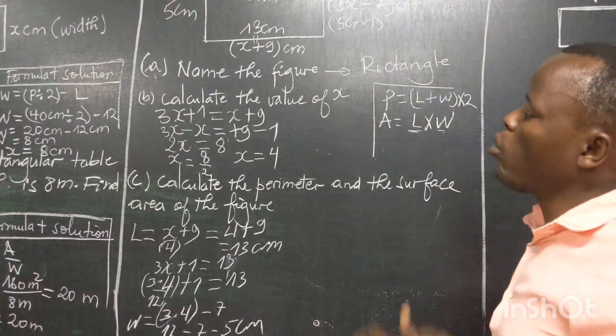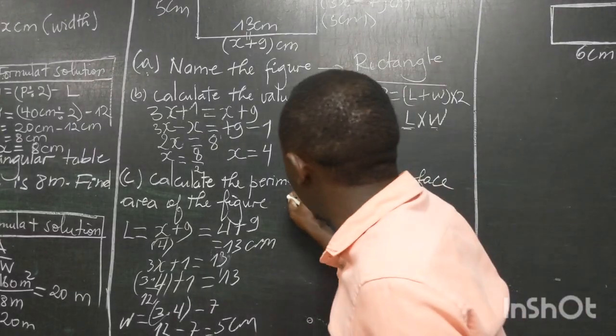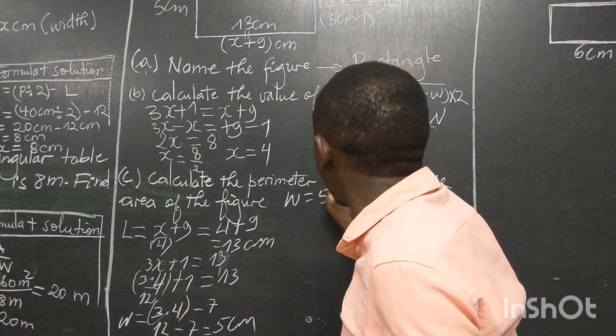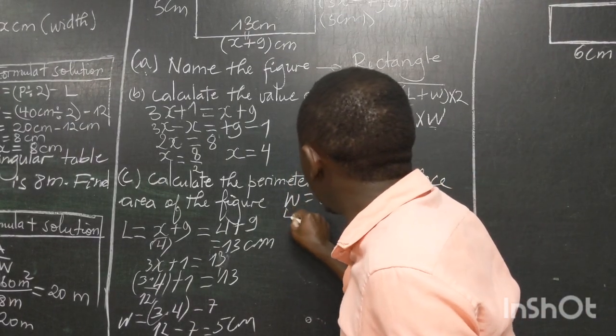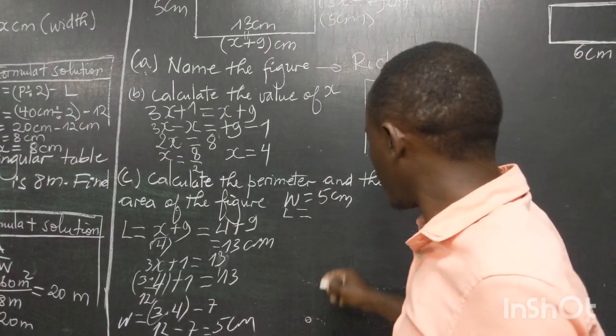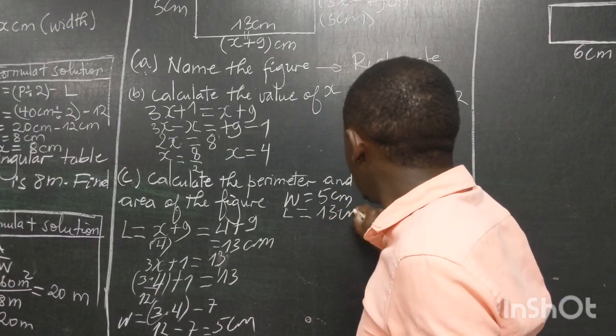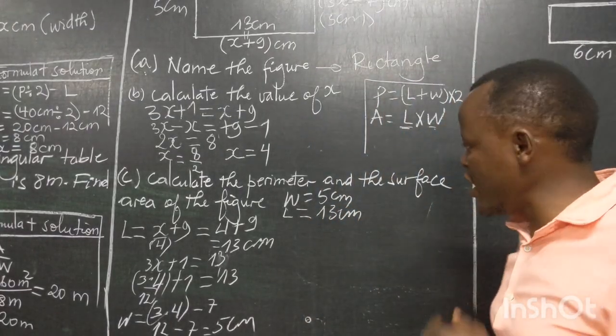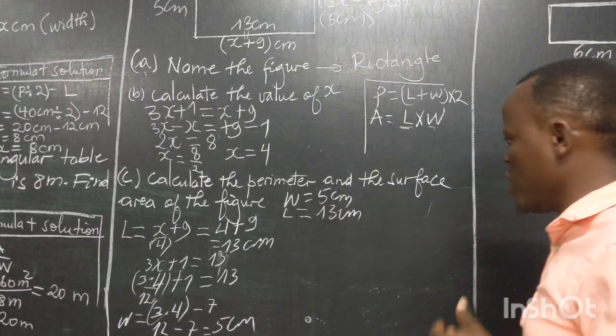Now, since the width is 5 centimeters and the length is 13 centimeters, we are going to find the perimeter and the area.